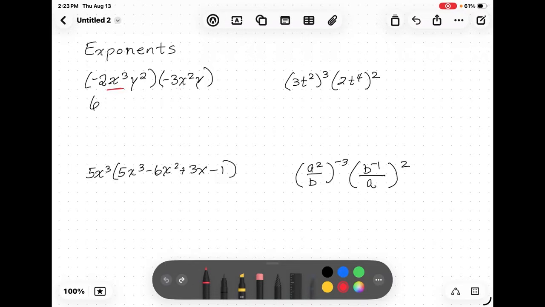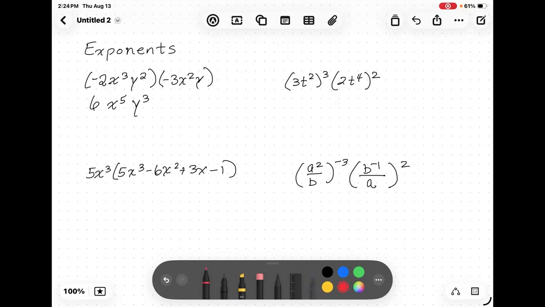Now remember, when we multiply and we have a common base, we add the exponents. Now I have x to the 5th. And then I see a y squared and a y. Add the exponents and I get y to the 3rd.